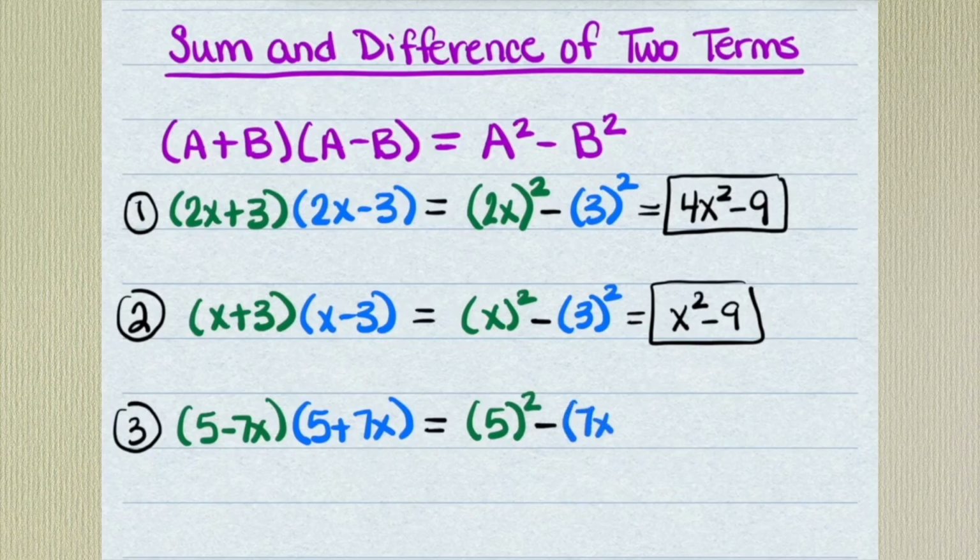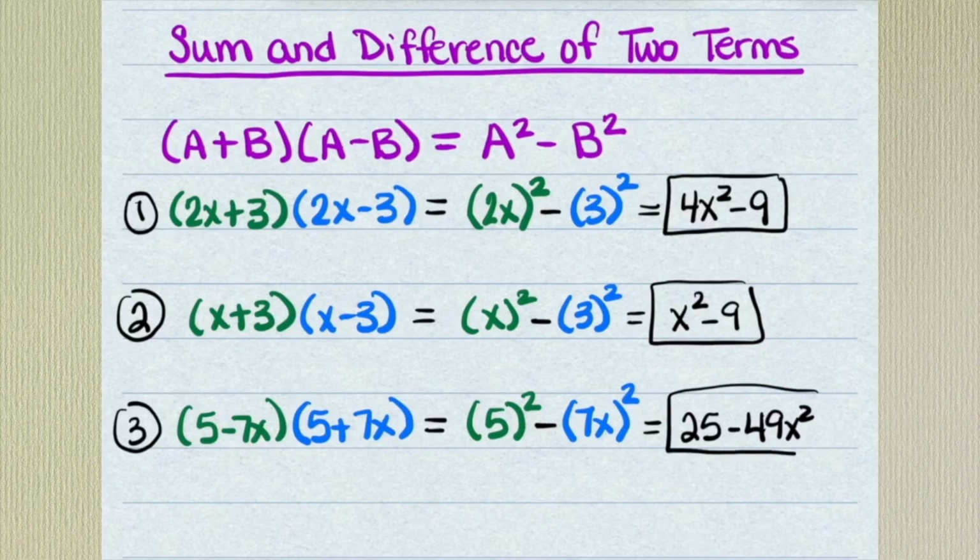So 5 squared is 25, and 7 times 7 is 49. x times x is x squared. So the number and the variable are both squared.